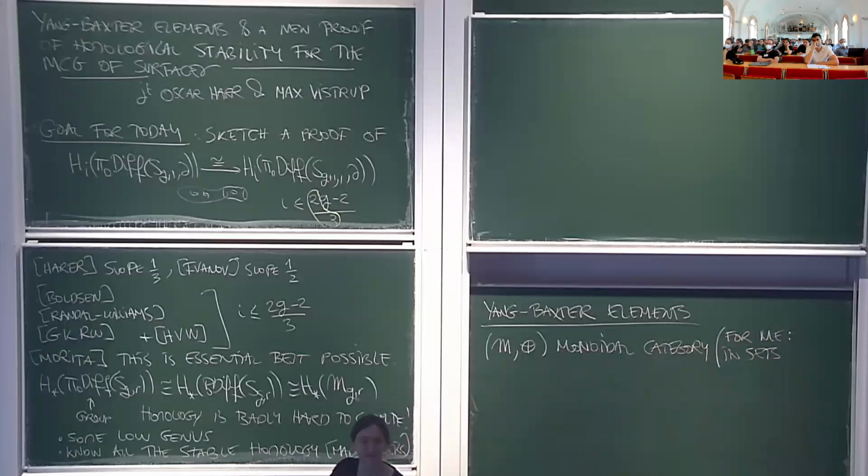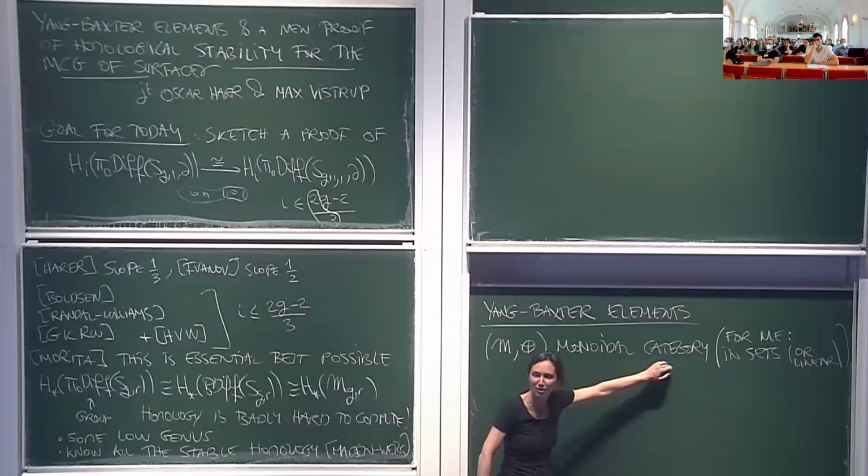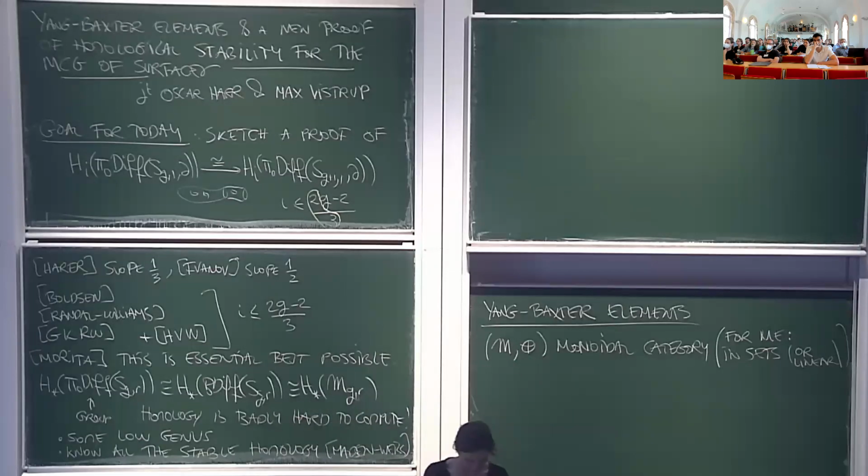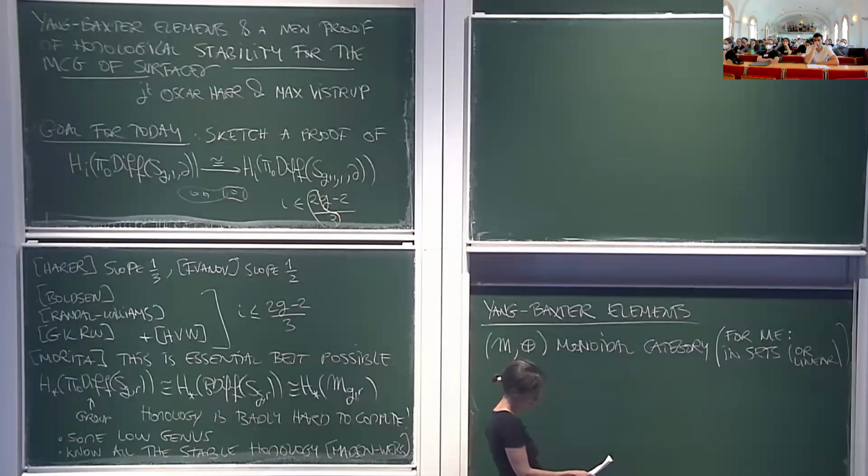Maybe it's good to have in mind a linear category too, because there are many more interesting examples there, and a lot of this can be done in that setting. But feel free to fill in whatever you like here, and I'm sure a lot of things go through. But this good old category is good enough for us today.